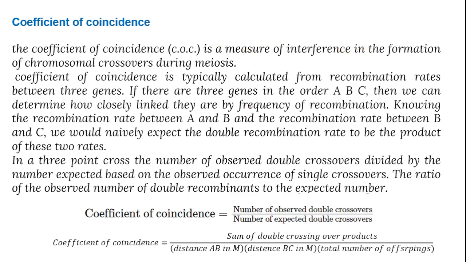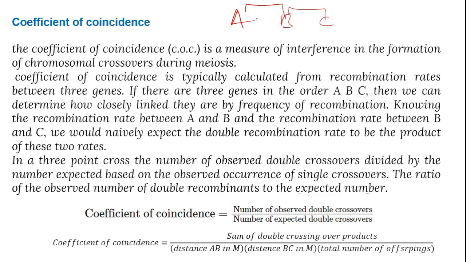First, we need to know what the coefficient of coincidence is. It is a measure of interference, which interferes with the crossing over. This is the formula you need to remember. Coefficient of coincidence is equal to the sum of double crossing over products divided by the distance between AB. Assume that ABC is there. We need to find first the distance between AB and then the distance between BC.